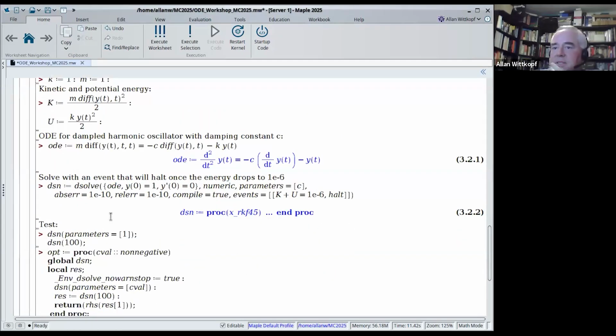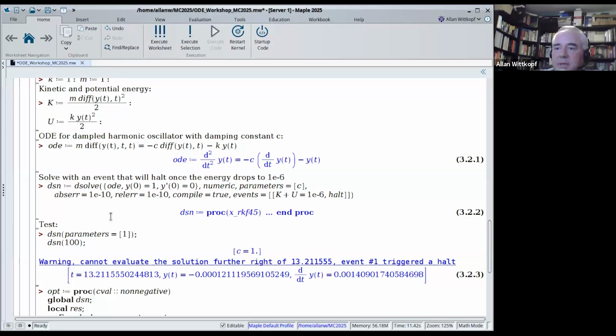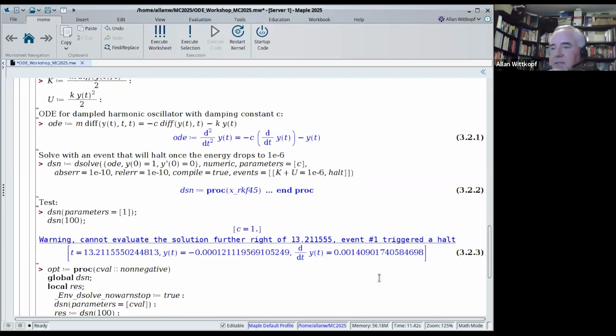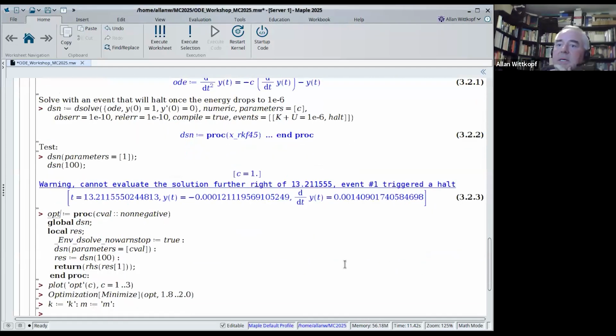And just to test it, we set the parameter to 1 and try to integrate out to 100. And we can see that, okay, at 13.2, event 1 triggered a halt. And this was the value of time and the position and velocity at that time. And we could check it, and it'll come out as 1e-6.